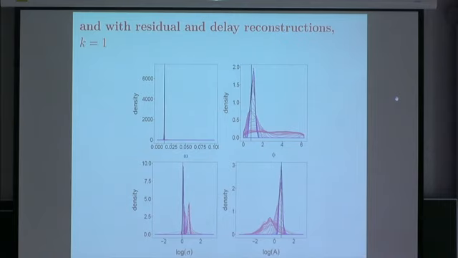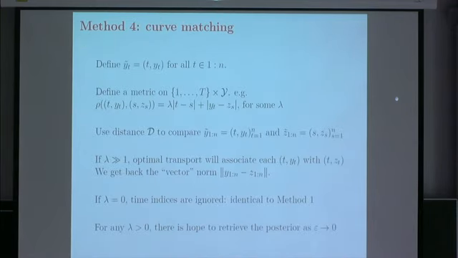With some strange phenomenon that if we include the delay and the residuals, there is a temporary concentration on something that is not the truth, and then if we push further the delay, we do get down to the true value, which we cannot explain very much why this is happening.